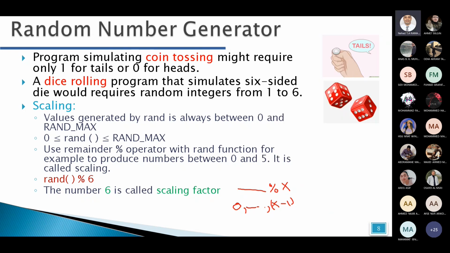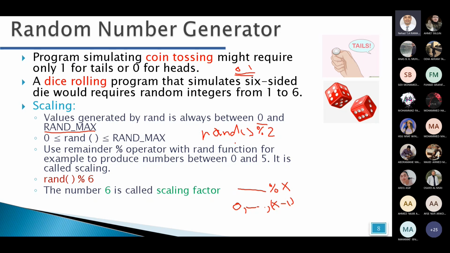Random gives us numbers from 0 to max rand. If I want random to give me numbers, for example, 0 or 1, then I have to do it like this: rand gives me a number, mod, how much? 0, 1 means mod 2.